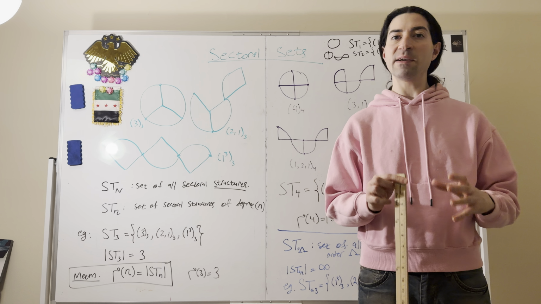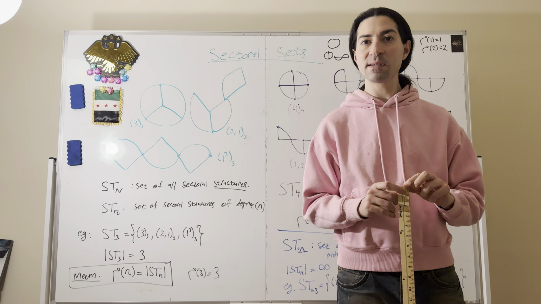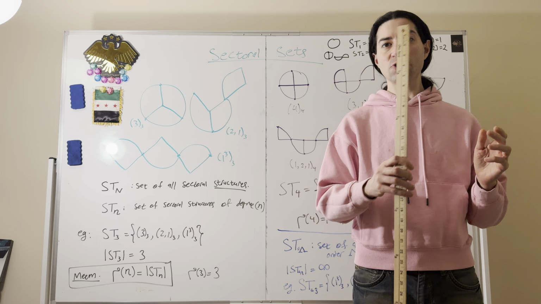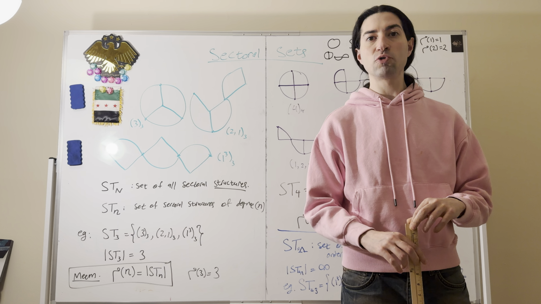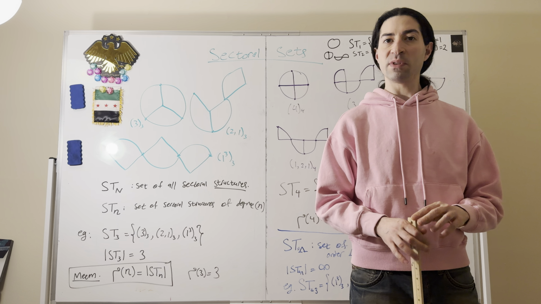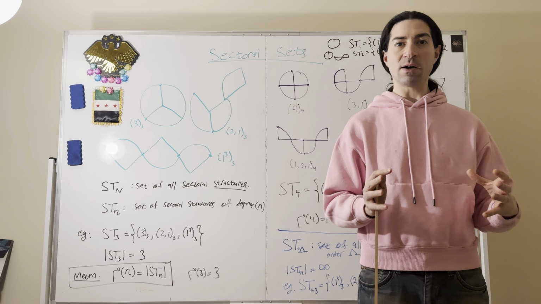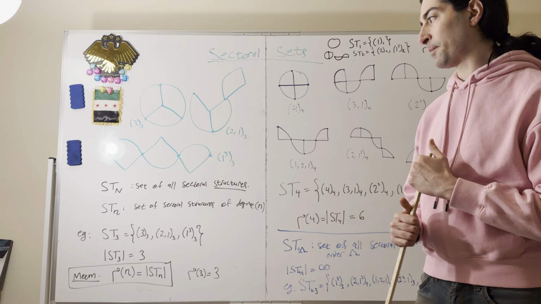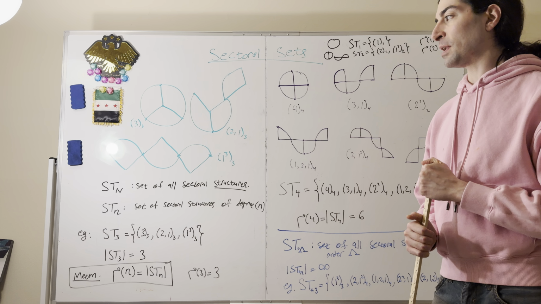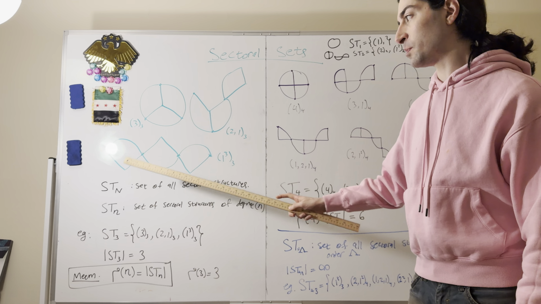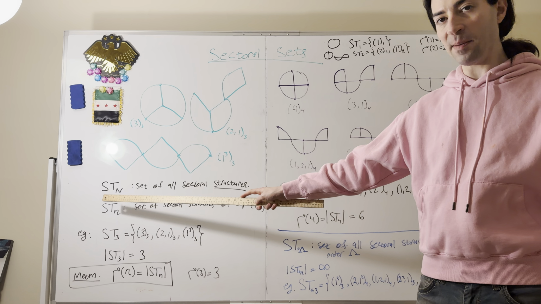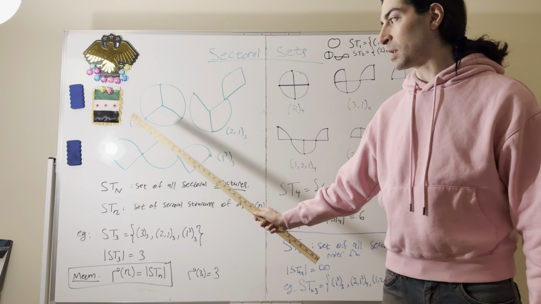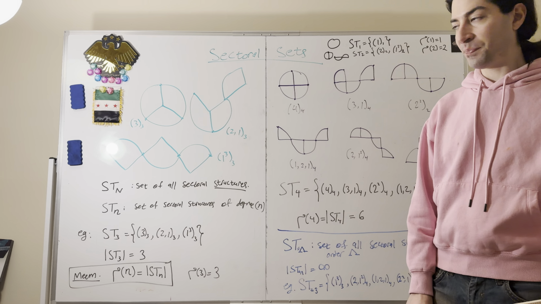Again, this means every sectoral sequence which has a structural curve of length 2 pi. Remember, this 2 pi length is our main defining criterion. So not every sectoral sequence belongs in ST capital N. However, every sectoral structure belongs here.